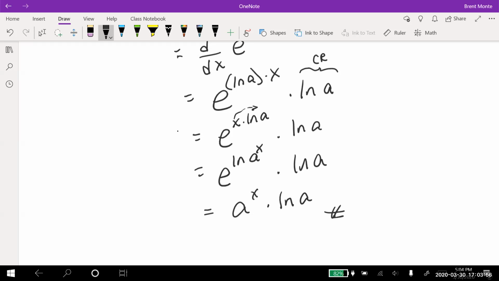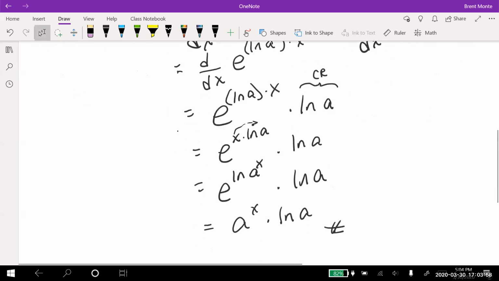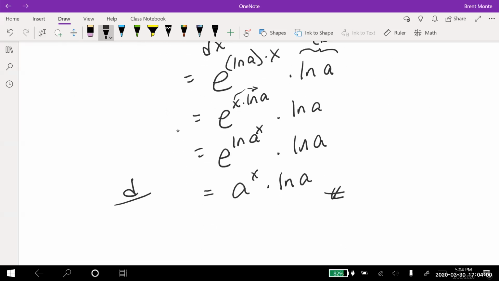So remember, that's going back up here. That's the derivative of a to the x. So the derivative of a to the x, you get back the a to the x, but times the ln of a. Again, that's the proof. If you followed it, fantastic. If you didn't follow it, that's perfectly okay.